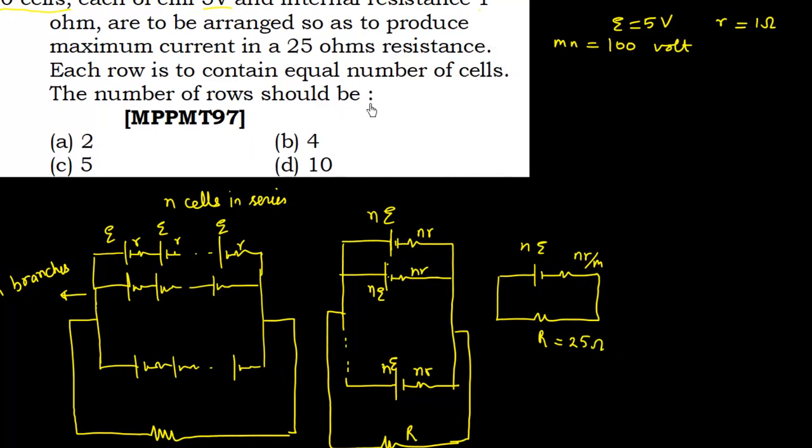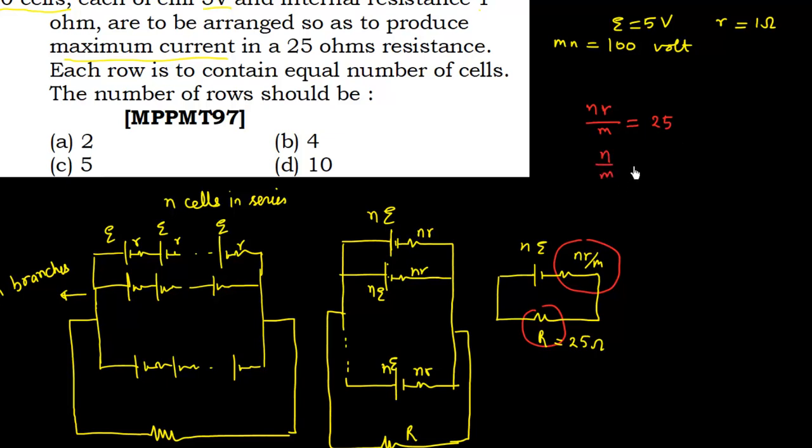To obtain maximum current, the condition is that the external resistance should be equal to the internal resistance. So we have nr by m equal to 25.